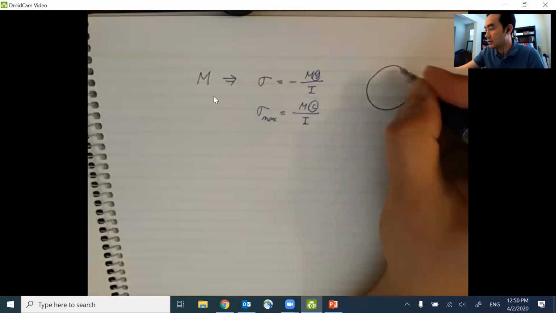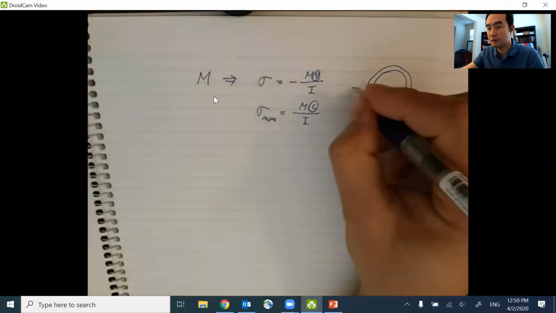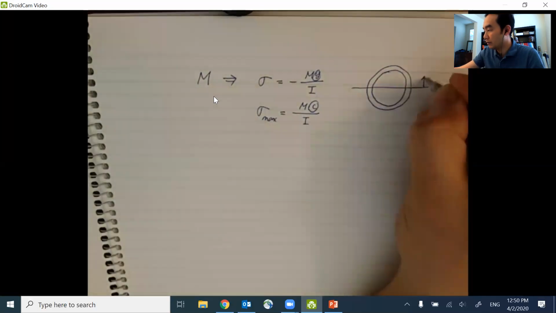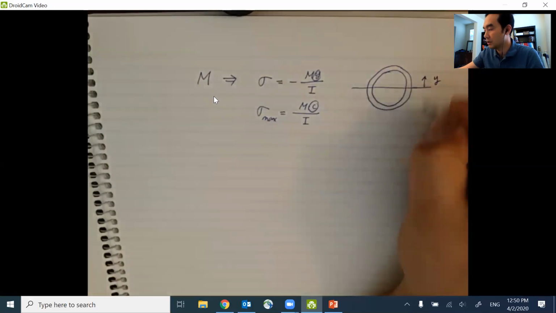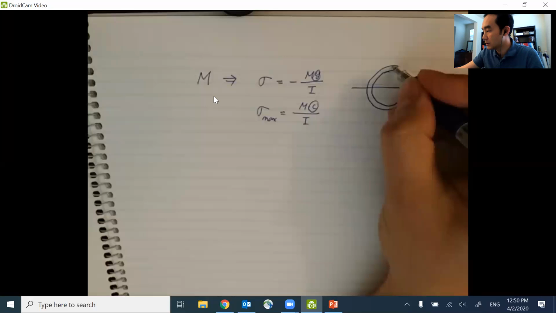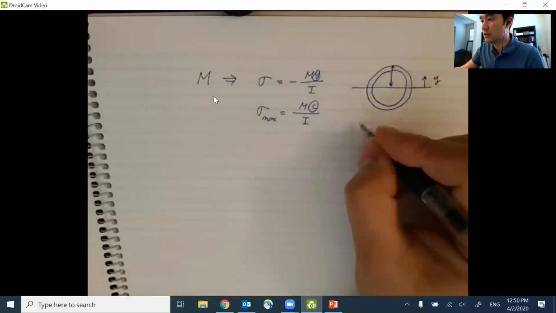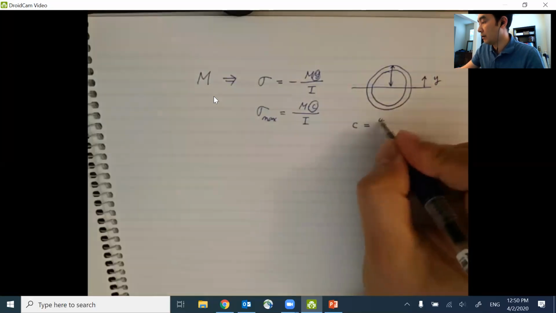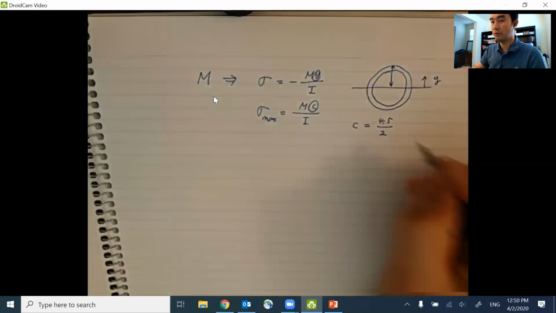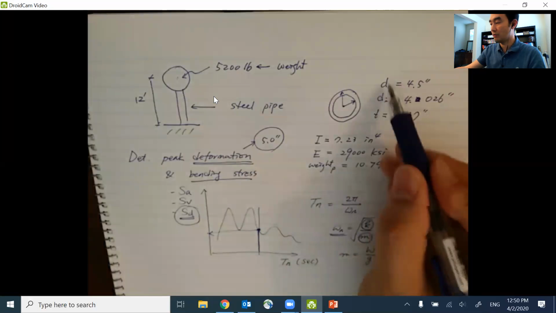So let's say this is the cross section of our steel pipe, with the centroidal axis, and y is the variable measured from that centroidal axis in the vertical direction. The maximum value, of course, is going to be the entire radius up to the outer surface. So I can say the small c value is going to be 4.5 divided by 2, because 4.5 was the outer diameter.